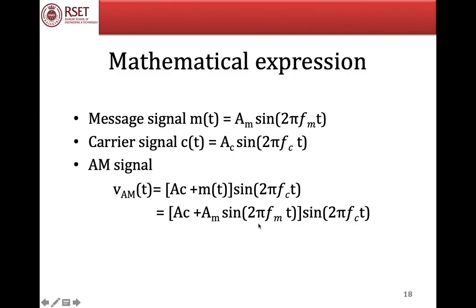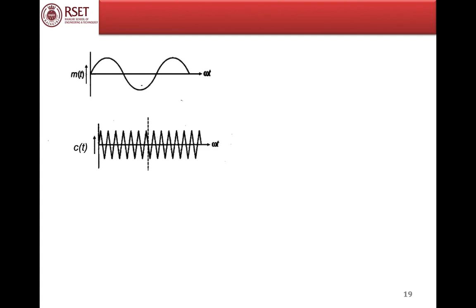Now let us look at the effect of modulation on the carrier signal. Consider a low frequency message signal m(t) and a high frequency signal c(t). If the message signal amplitude Am equal to 0 and the carrier signal amplitude Ac equal to 1, the AM signal will be looking like this.